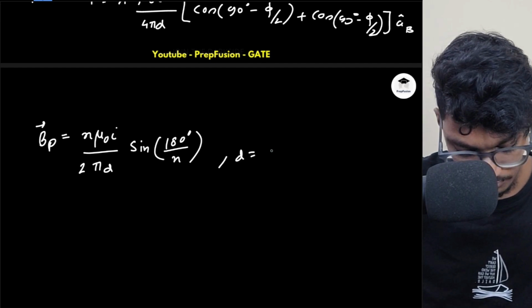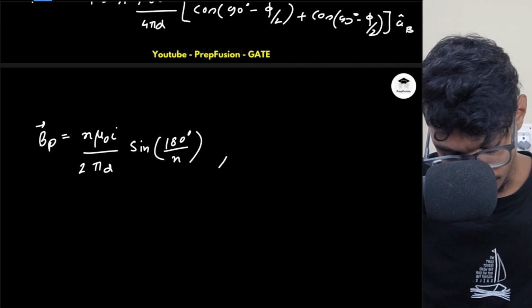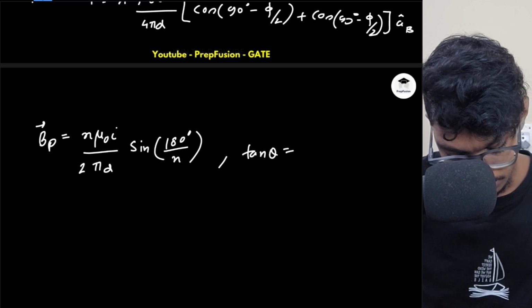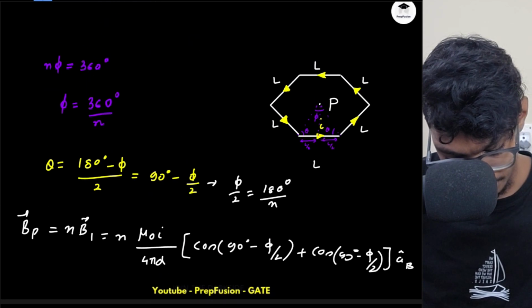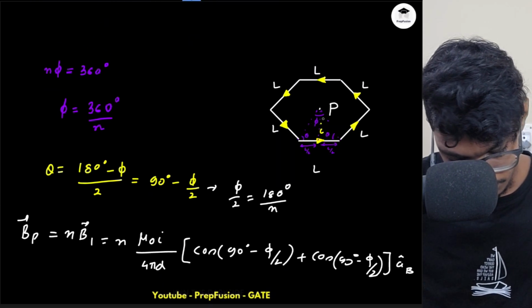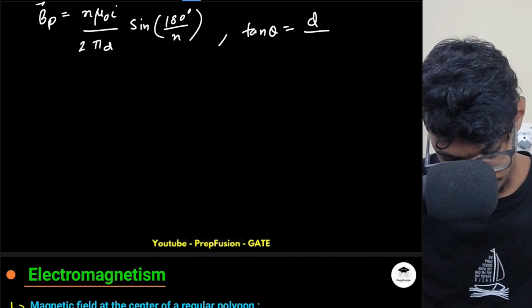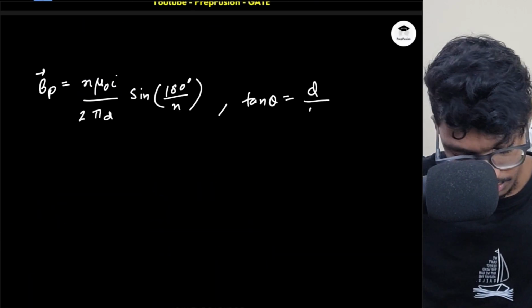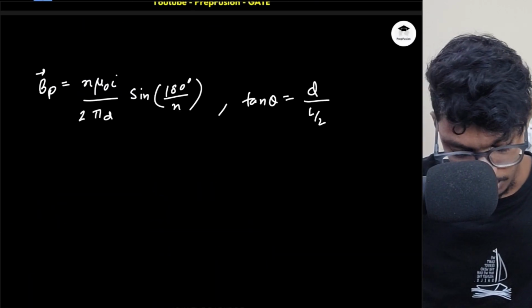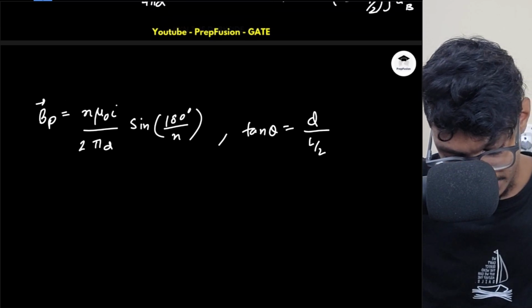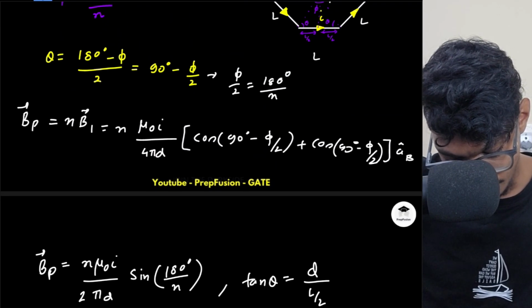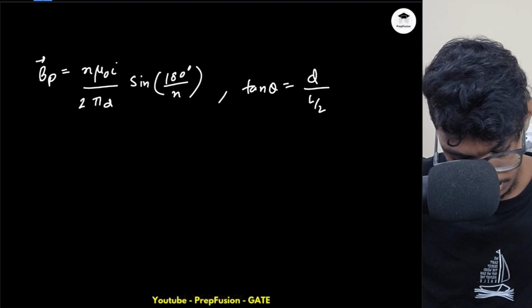d will be, just hold on, tan theta. Tan theta will be height upon base, L by 2. Okay, L by 2. So what is tan theta? Tan theta is tan of 90 minus phi by 2, correct?